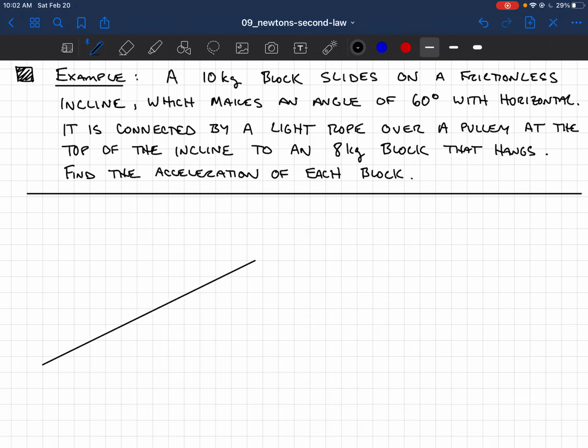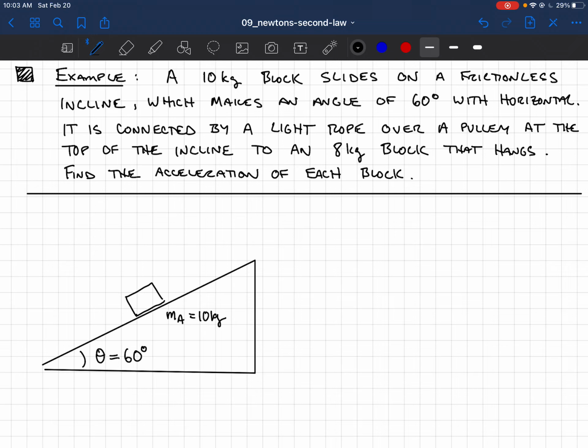We have an incline, which I guess should look a little bit steeper than that, but oh well. And it has an angle, which I'll call theta, of 60 degrees. We have one object, which we could call MA, for example, and MA is equal to 10 kilograms.